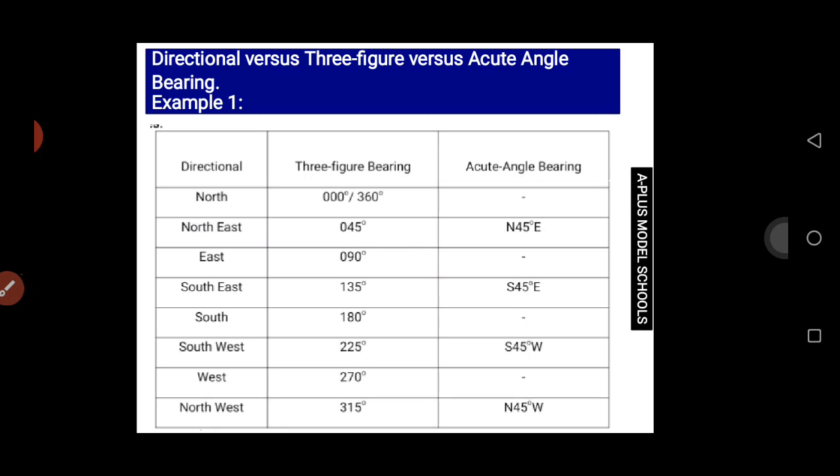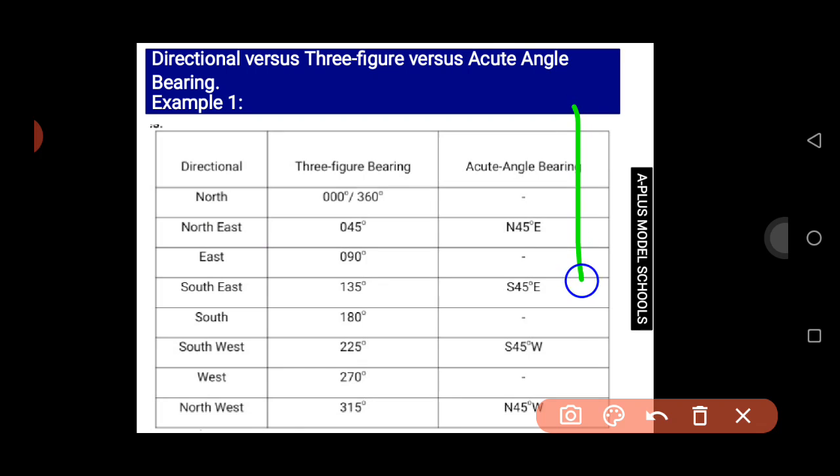So now let's look at the acute angle bearing, the direction of the angle, and the 3 figure bearing, still using our main cardinal points. Looking at the cardinal points, we have our north here. Your north is always here, your east here, south and west.